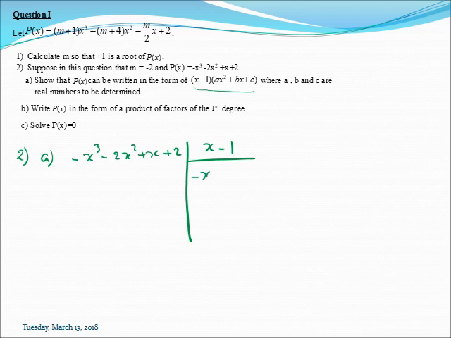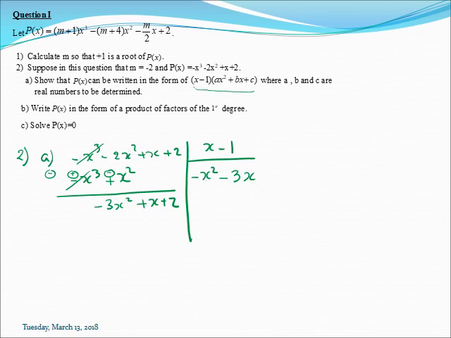Multiply by minus x square: minus x square times x is minus x cube, minus x square times minus 1 is plus x square. Then subtract, so minus becomes plus, plus becomes minus. Minus 2x square minus x square is minus 3x square, plus x plus 2. Now multiply by minus 3x.